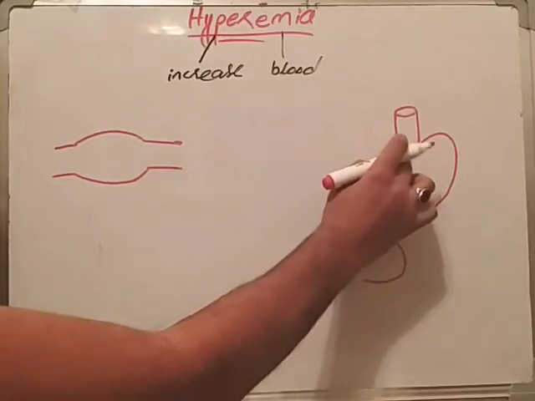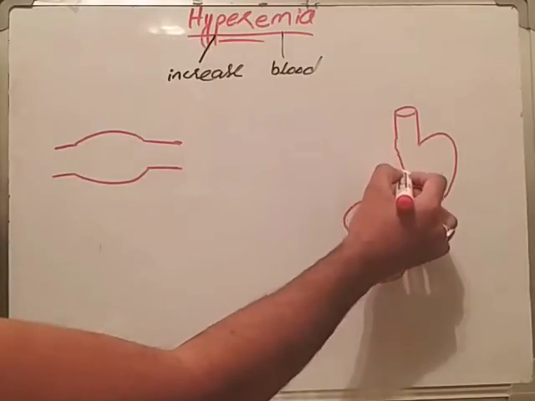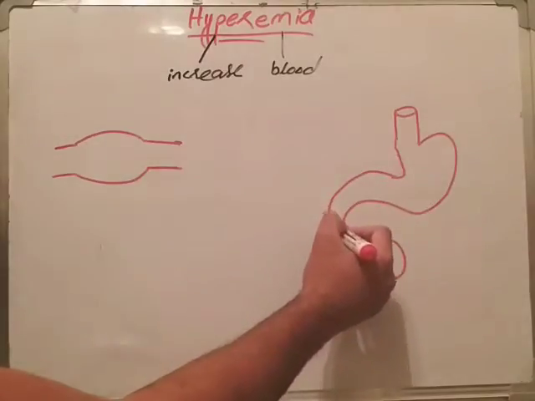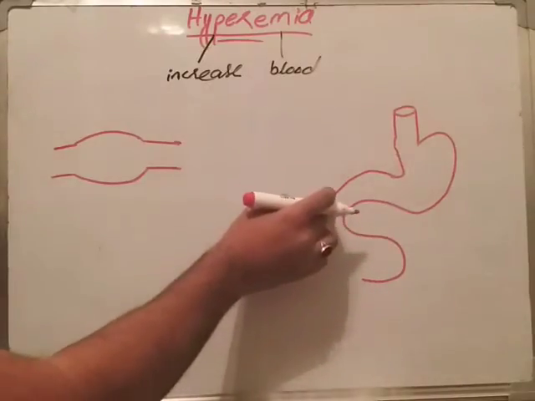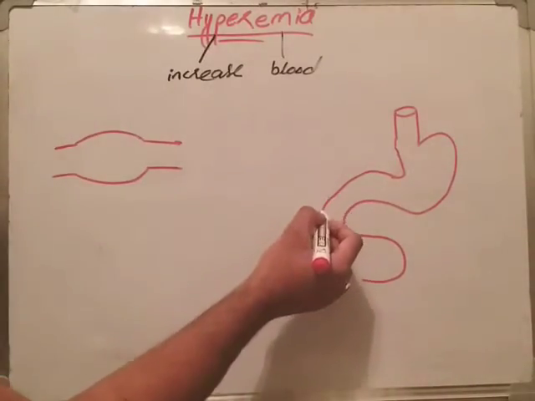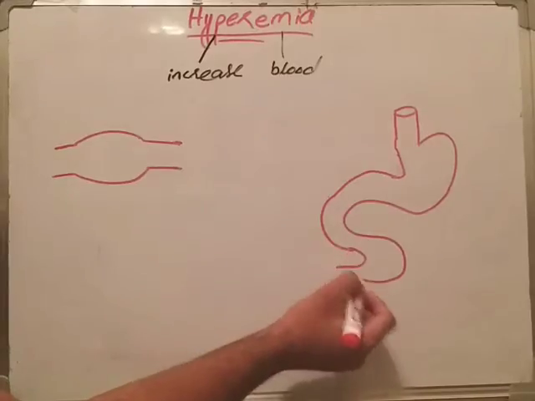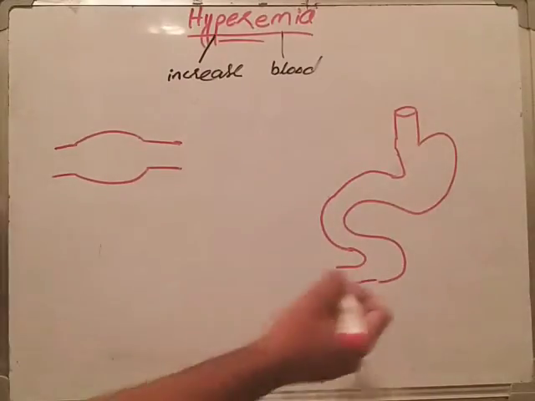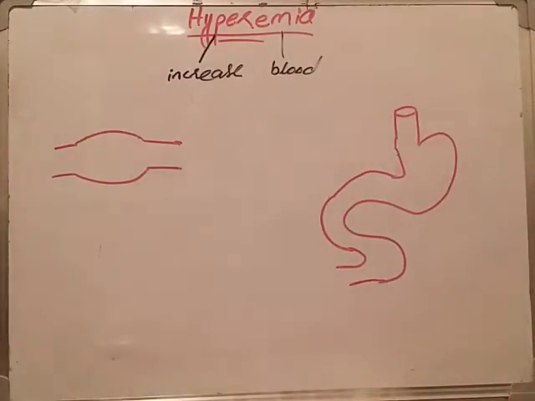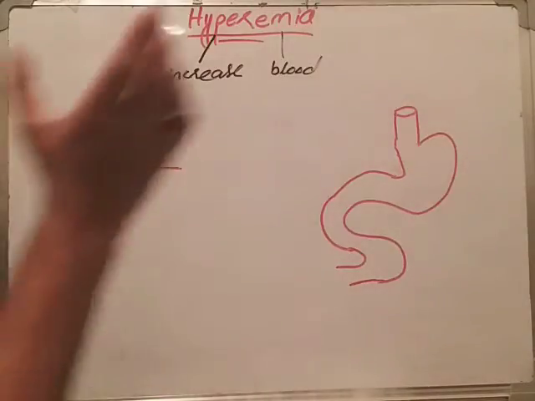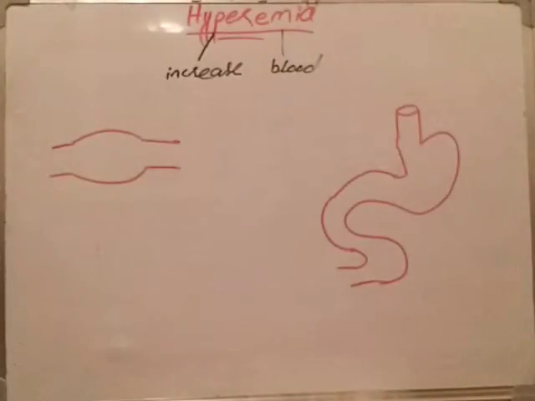So every organ, every tissue is provided by blood supply. So this is the skeletal muscle and the GIT system.